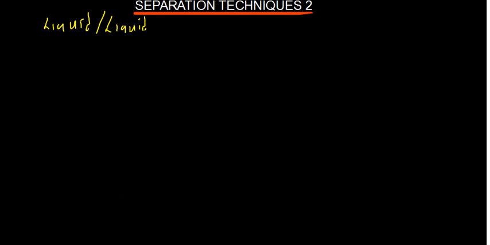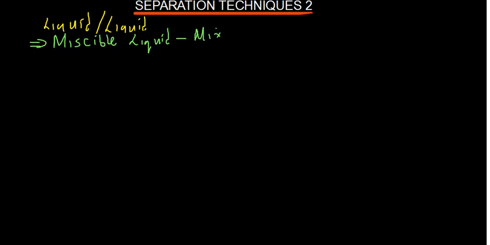Miscible liquids are liquids which mix completely. Since those which do not mix, we call them immiscible, so these are called miscible. So what are miscible liquids? These are liquids which mix completely.